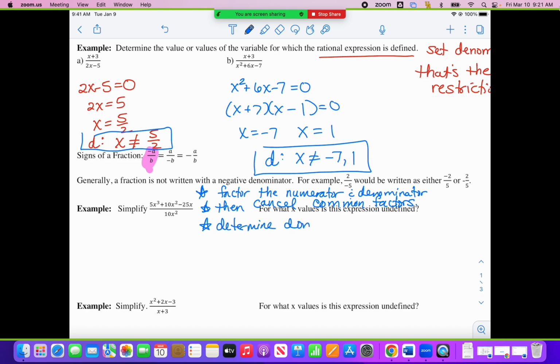Determine domain from the original fraction. And a rational expression is just a way that we say we're going to do a fancy fraction. Okay? A rational expression is a fancy fraction.